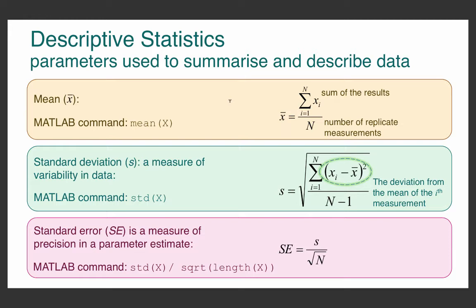You could, of course, in theory, go out and measure every single female in Australia, 18 years and over, measure their height, and calculate this. And this would be the population mean. But that's very prohibitive. So what you might do is choose a random subsample and calculate the mean of that. That will give you a sample mean.